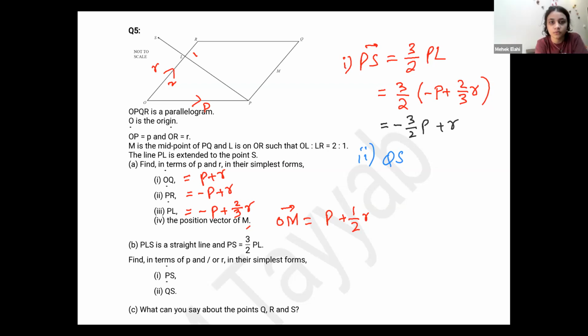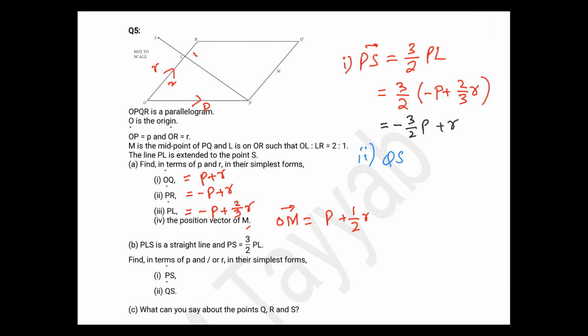Sure, we're going to do QP plus PS. That's the right path. So what is vector QP? Minus R, and then minus 3 by 2P plus R. So we'll be left with minus 3 by 2P. Right, 100% correct. You're right.